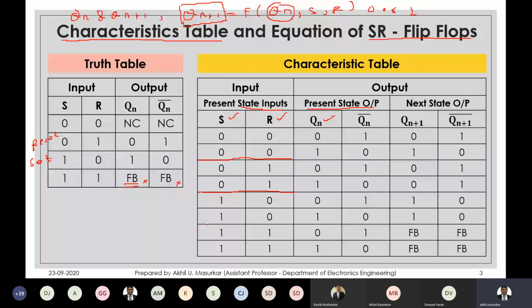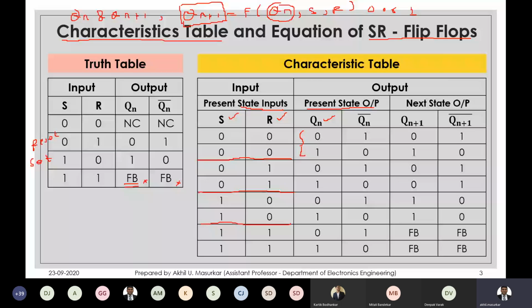However, for each value of S and R, Qn can take a value of either 0 or 1. That is why we get 8 different combinations. So actually, now my Qn plus 1 will depend on S, R and Qn, where Qn can be 0 or 1 for any of these combinations.